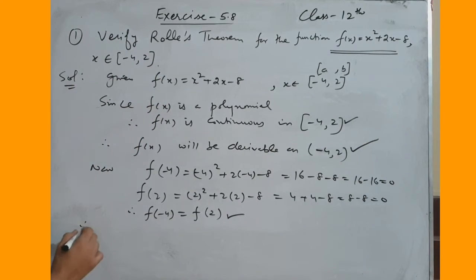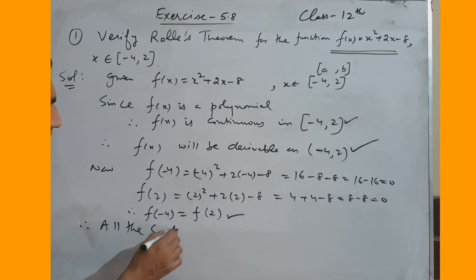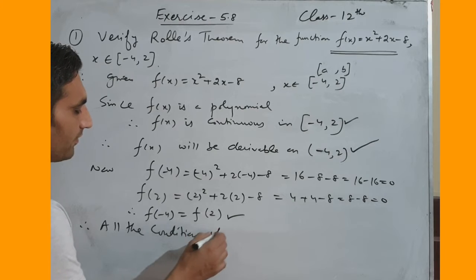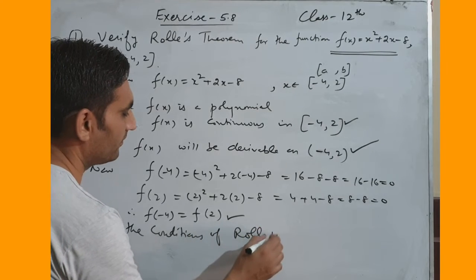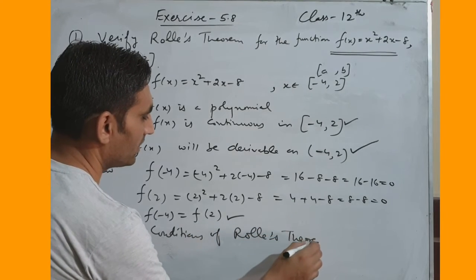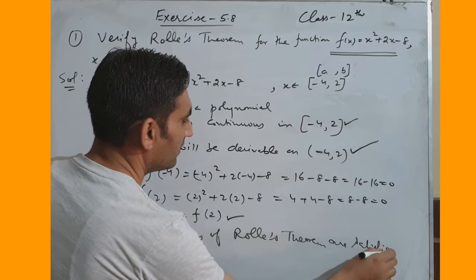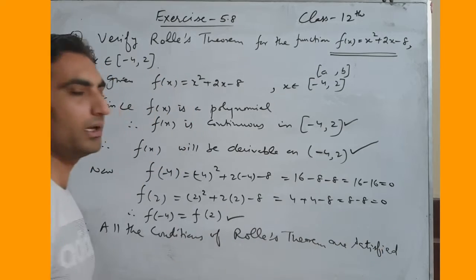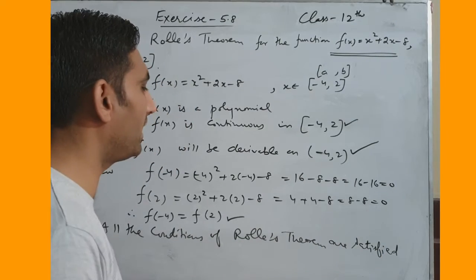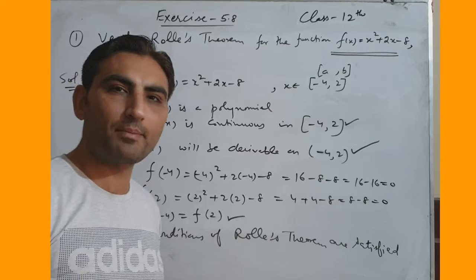So you will write, therefore, all the conditions of Rolle's theorem are satisfied. So all the conditions of Rolle's theorem are satisfied. So then what will be the last step?